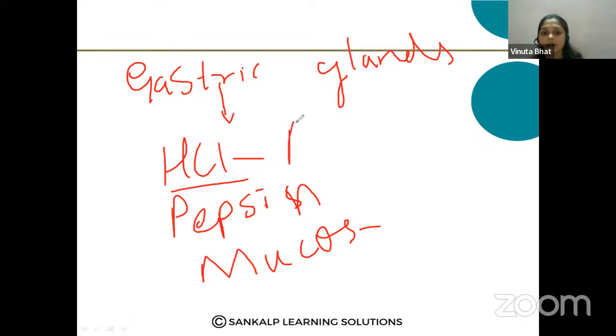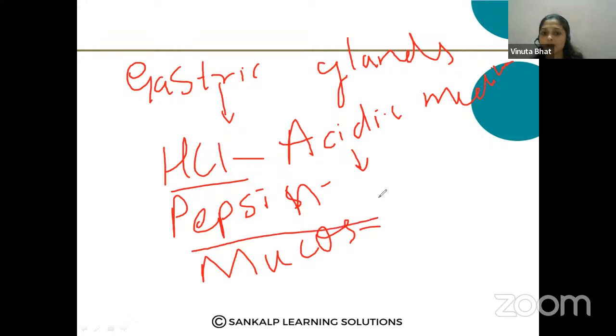So this HCl forms the acidic medium for the action of the pepsin. HCl, hydrochloric acid, you know, right? What does hydrochloric acid do? It converts the food into an acidic medium. Okay, and this acidic medium is essential for the action of the pepsin. For pepsin to help correctly in food digestion, the medium should be acidic, right? So this pepsin acts when the acidic medium is there.